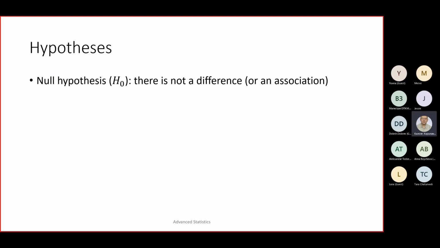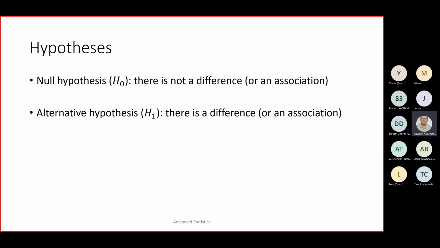We always define two hypotheses. The first one is so-called null hypothesis. And null hypothesis means that there is not a difference, or there is not an association, or there is not a relation between variables.